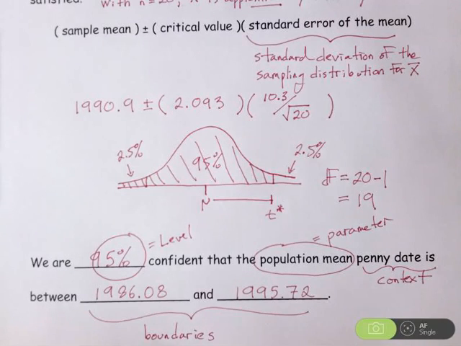Just briefly, remember what the level means. It means that we have created this confidence interval using a process where, if I repeated it many, many times using exactly this sample size of 20, about 95% of the intervals that we calculate will capture the true population mean. And notice we do know the true population mean in our penny box.